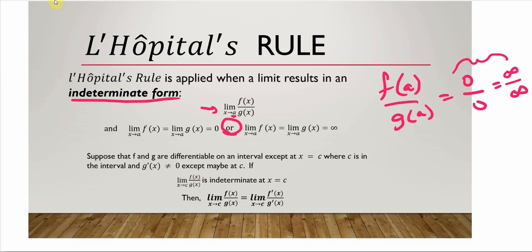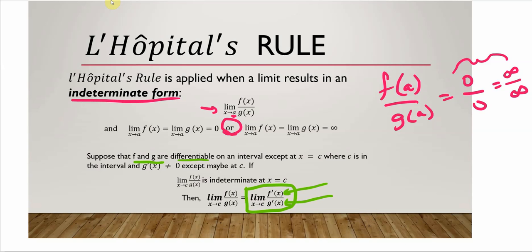So if that is true on this limit, and as long as my functions are differentiable everywhere except at c, and the derivative of g is not equal to 0, because we don't want to divide by 0 again, unless we have 0 on top, that means L'Hôpital's says to do the following. You take the derivative of the top, you do the derivative of the bottom. You do not do the product rule.